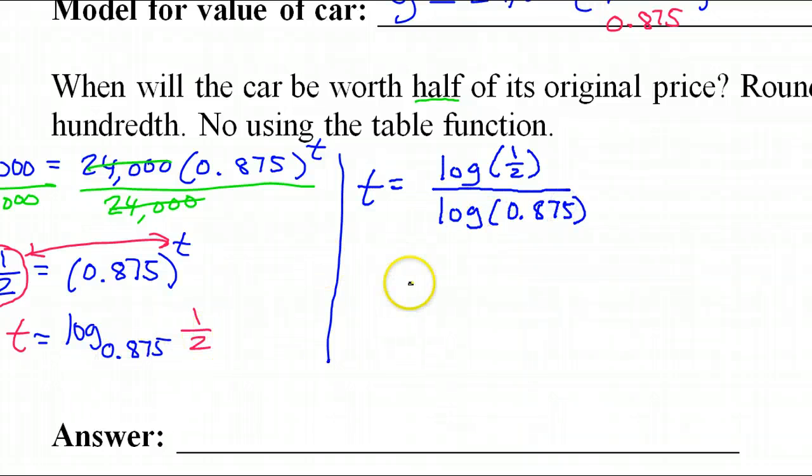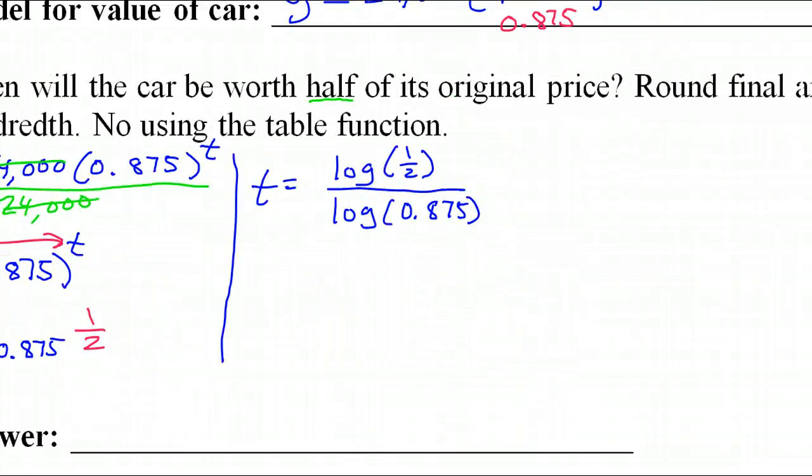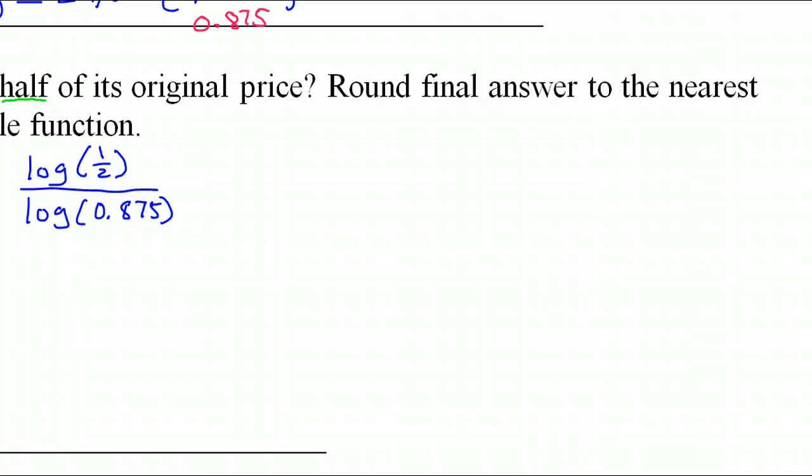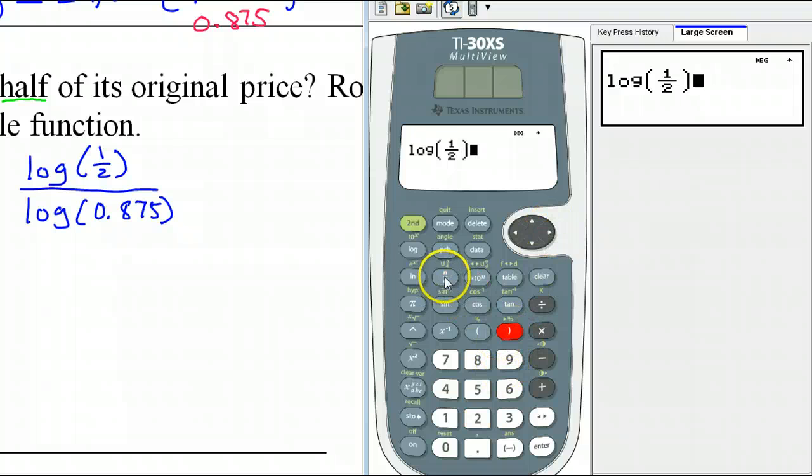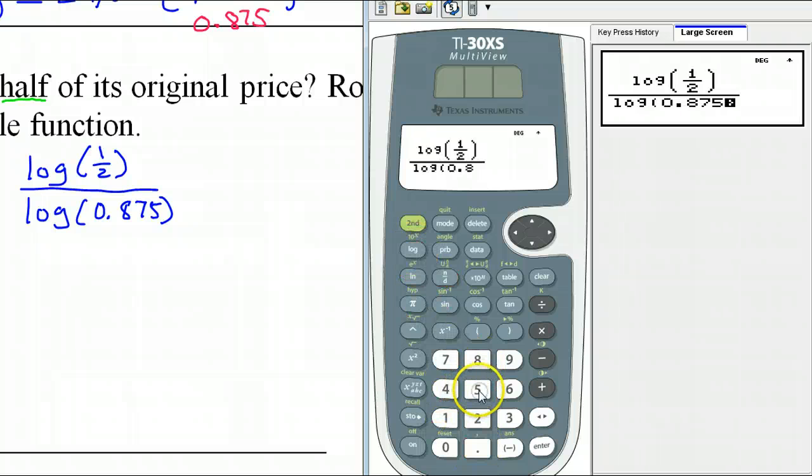That's how you put this in your calculator. So log of 1/2 over log 0.875. So 5.19.